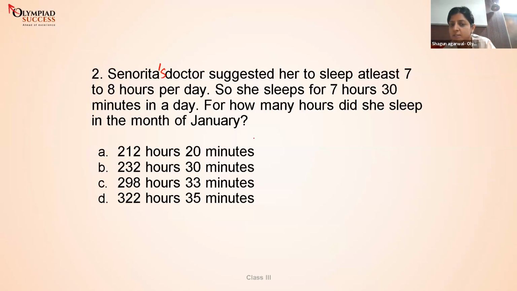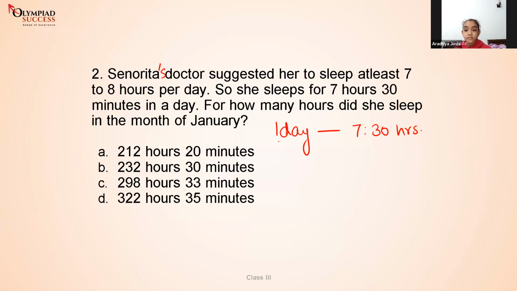So we know that in one day, she's sleeping for 7.5 hours, correct? Yes, ma'am. Okay. So what about January? Okay, everyone, pay attention. We have to multiply 7.5 hours with 31.